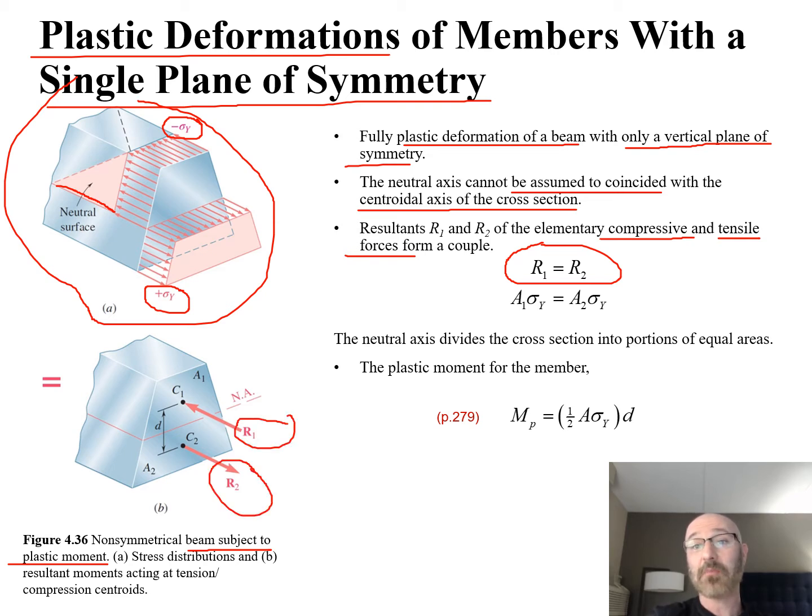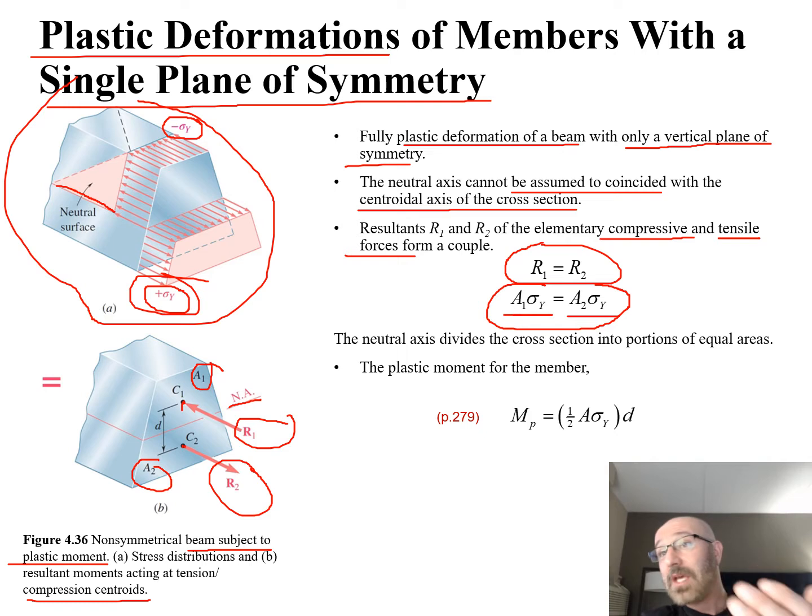In part B, we have our resulting forces acting at the tension and compression centroids, C1 and C2. We can see that our neutral axis does not coincide directly with C1 or C2. We also have the relationship A1 times sigma y is equal to A2 times sigma y, where A1 is the area up top and A2 is the area down below.